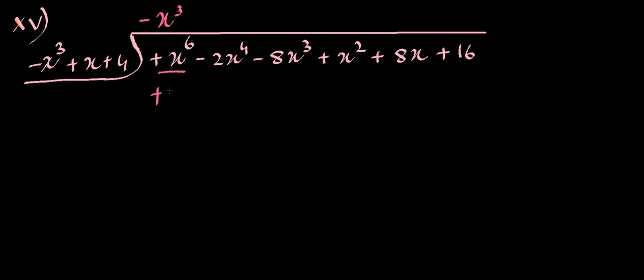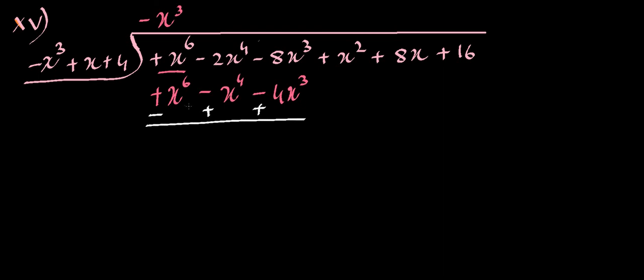That gives me plus x raised to 6. Minus x raised to 3 multiplied by x will give me minus x raised to 4. Minus x raised to 3 multiplied by 4 will give me minus 4x raised to 3. Subtraction, change of signs.